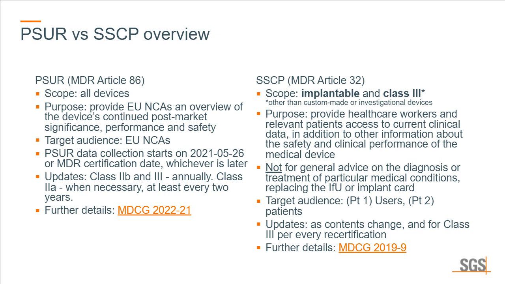So the patients read this and they will understand if this device is good for them, what are the alternatives, because you have to mention the state of the art, and they will be in a position to decide whether they want this device to be used on them or not. And if they choose to use it, what are the contraindications, what are the side effects, so they will be in a position to make a more informed decision. The updates are only needed as the contents change and for class 3 per every recertification. And there's also an MDCG guideline that goes with that.